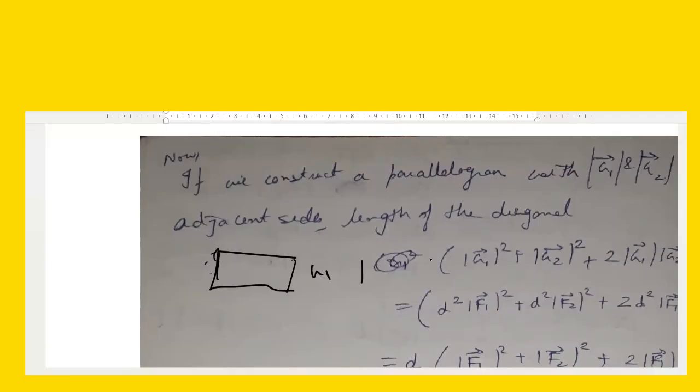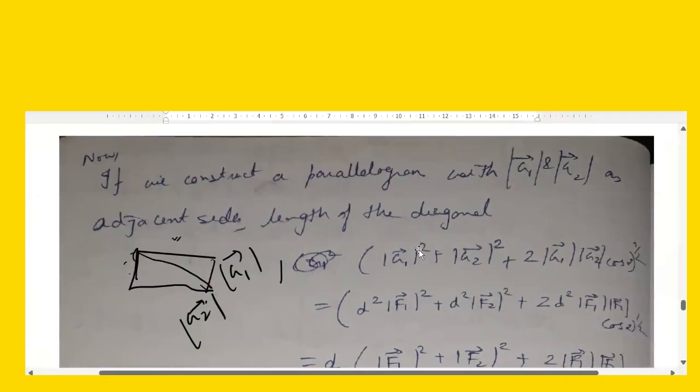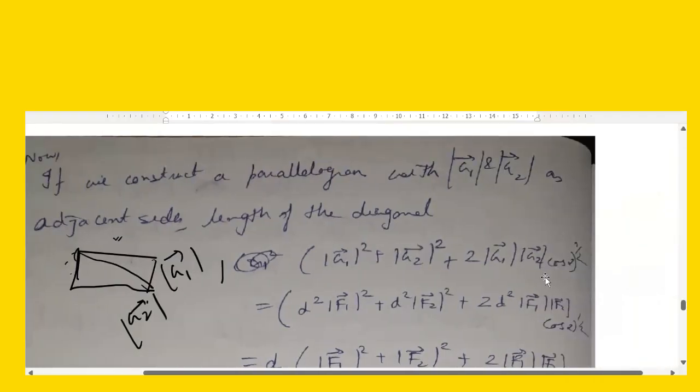It is a bit of an inappropriate drawing, whatever. The length of the diagonal of this parallelogram is given by the square root of G1 square plus G2 square plus twice G1 G2 cos of the angle in between the two. What is the angle in between the two? This is theta, sorry, alpha. So cos alpha.